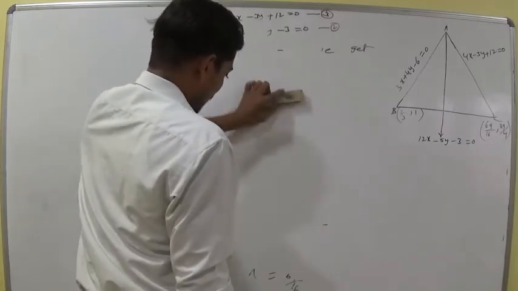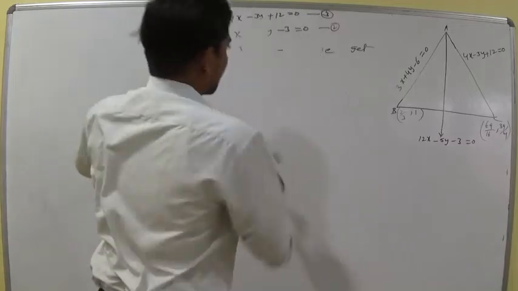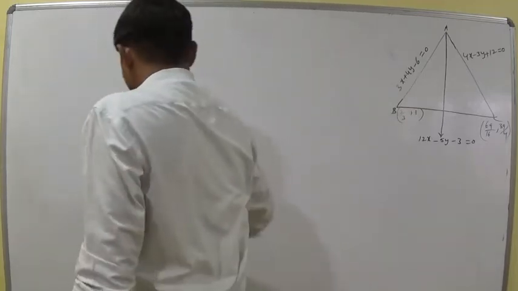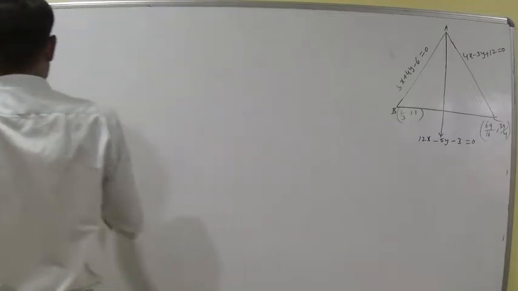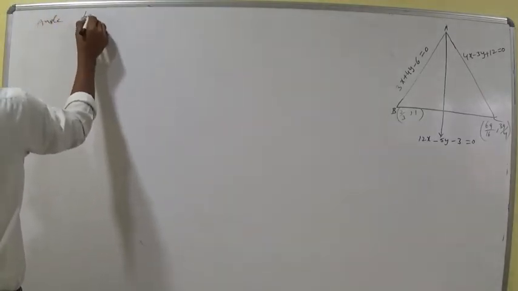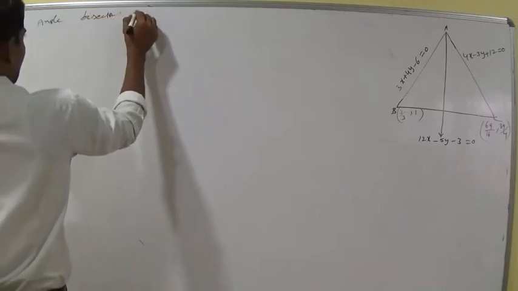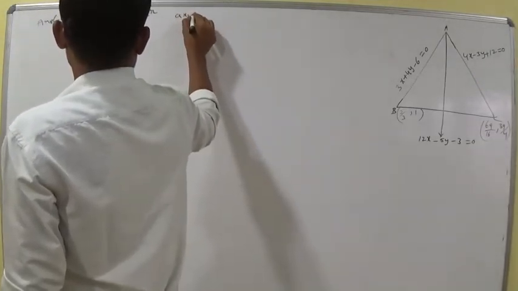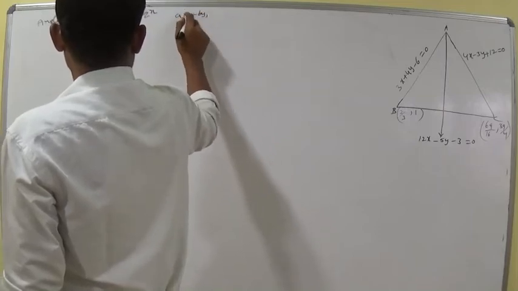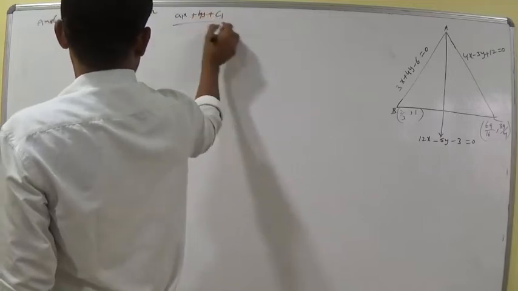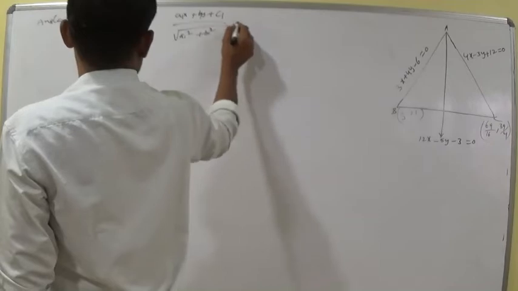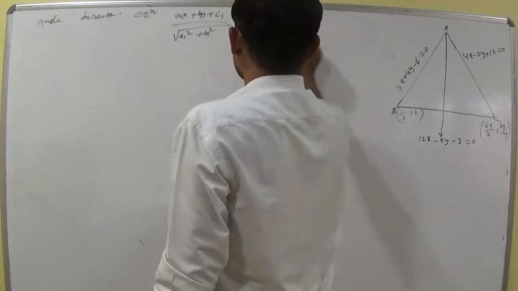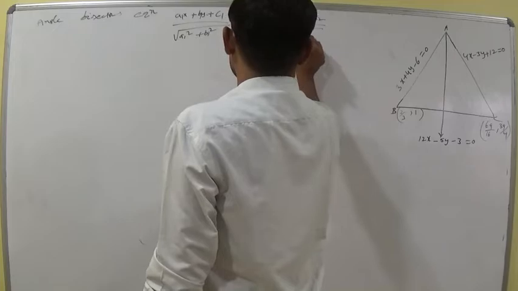Equation of bisectors of the pair of lines, the angle bisectors equation is: a1x plus b1y plus c1 by square root of a1 square plus b1 square is equal to plus or minus a2x plus b2y plus c2 by square root of a2 square plus b2 square.